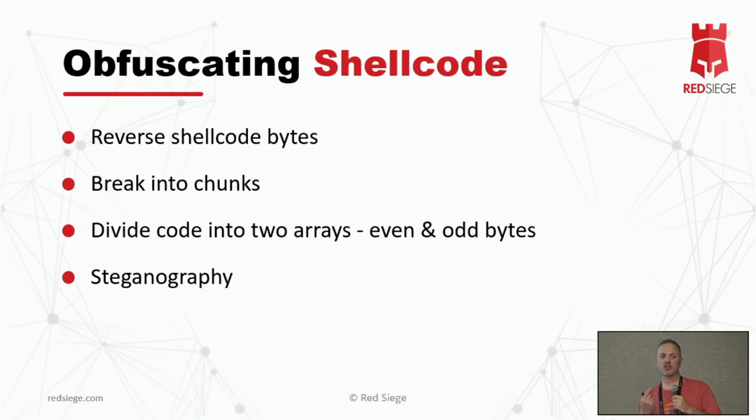So some other things that we can do. You could take your shellcode and just reverse the bytes. So you have however many bytes, just reverse the array. And that works against some EDRs. I don't know what this is. It's just backwards. And then you reverse it right before you use it. You could try breaking it into chunks, and that does work. I would encourage you not to do that, though.